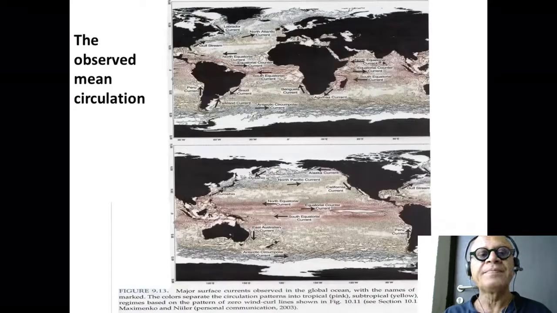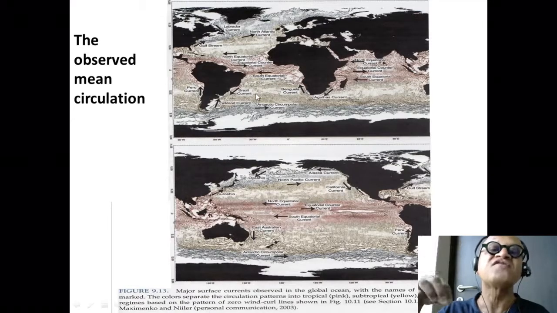Nonetheless, you have strong circulation at the surface because of the winds constantly dragging the ocean around. This is a figure that's hardly visible, but these are currents derived by using the so-called drifters in the ocean.